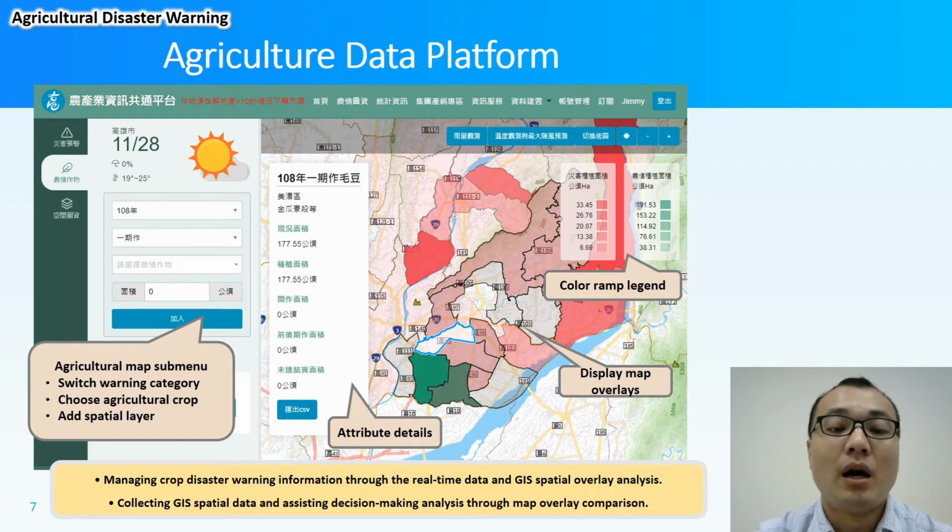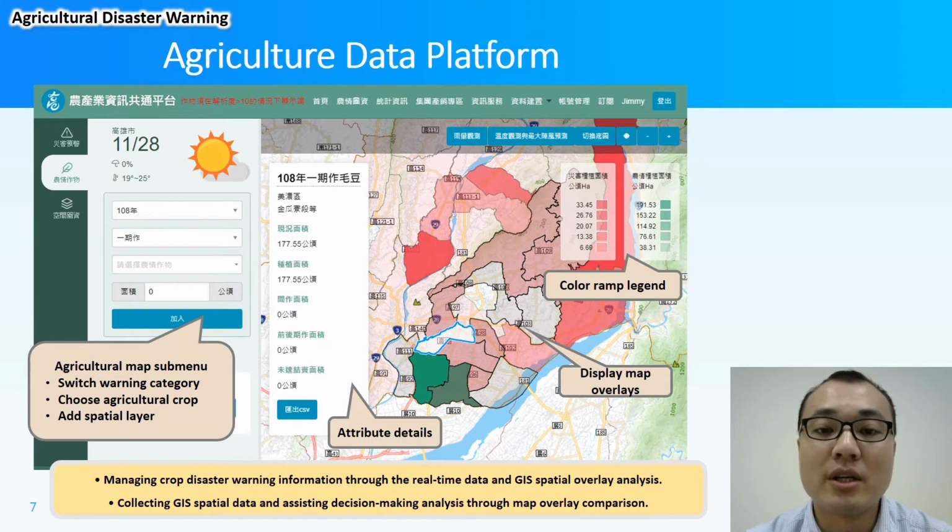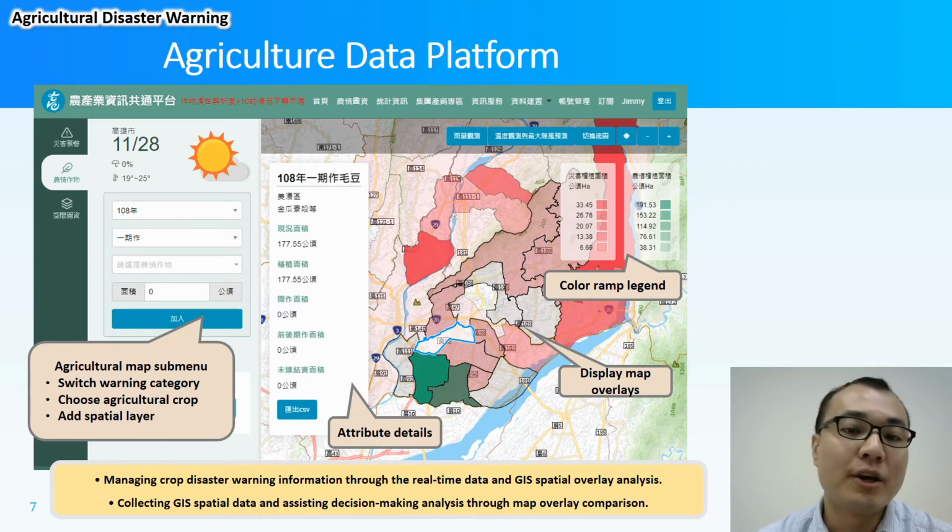Users can also query the types of crops and disasters they want to focus on, and overlay different spatial map data to analyze and compare differences and understand the influence on the area with the color dips.